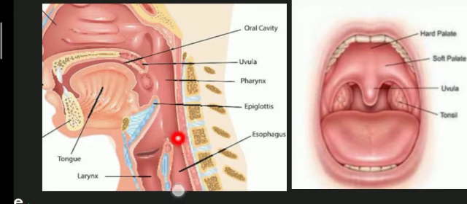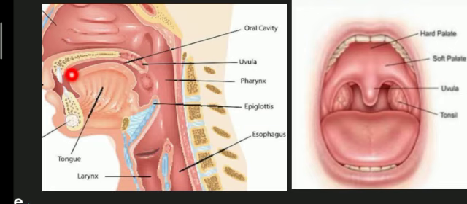This is the entrance of the esophagus, and this is the entrance of the trachea. The entrance of the trachea is guarded by a flap-like structure, a muscular flap which is known as epiglottis. Epiglottis prevents the food from entering the trachea.